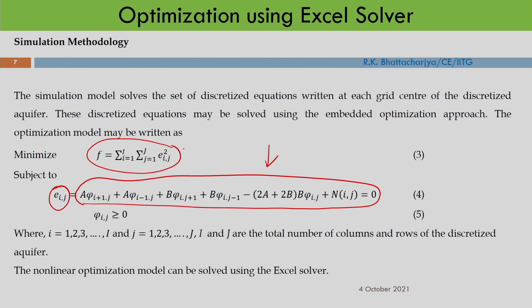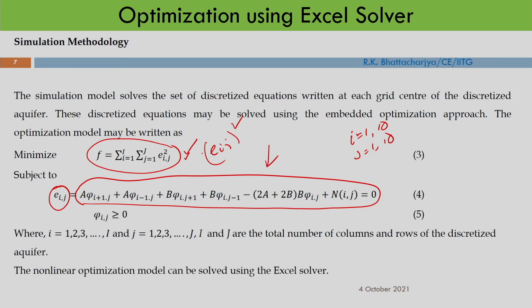Now, I have formulated an optimization problem, that means I would like to minimize this error. Here the grid size is i equal to 1 to 10 and j equal to 1 to 10. I am getting Eij, and I am squaring it just to make it positive, because this error should be positive and I would like to minimize it.